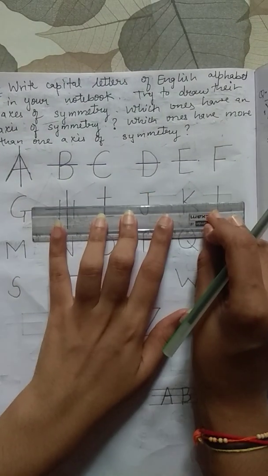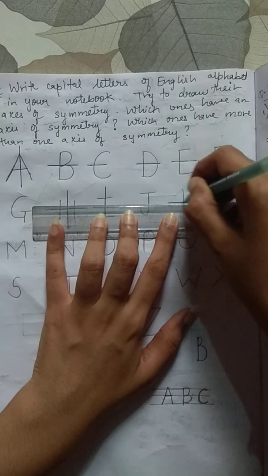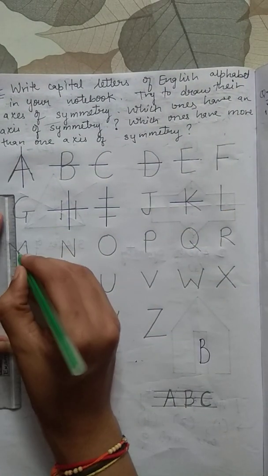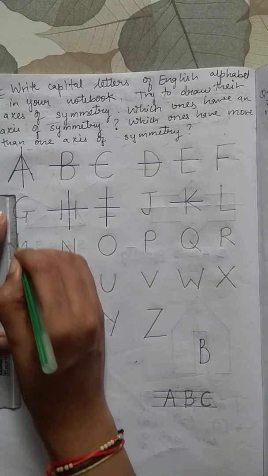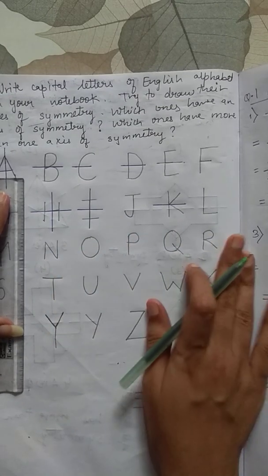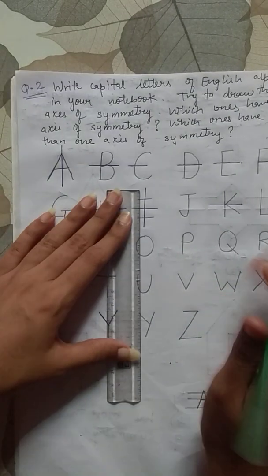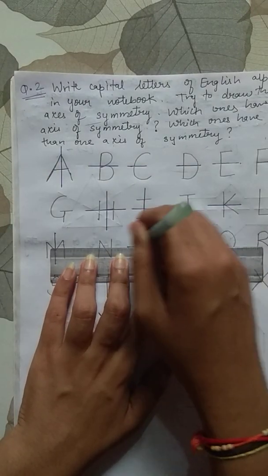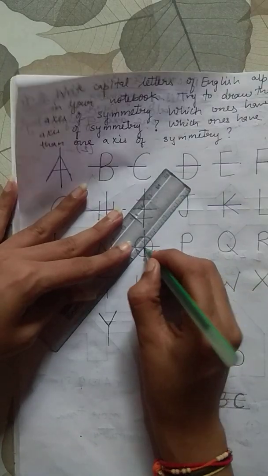K, if you have written it properly, we can even draw an axis of symmetry for K. Not for L. M, we can draw a vertical axis. N, we can't draw. Then O, we can draw vertically, horizontally, and even diagonally.